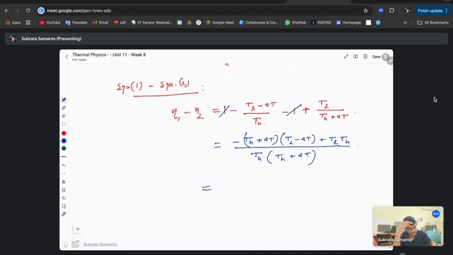Since delta T is small, let's expand this.